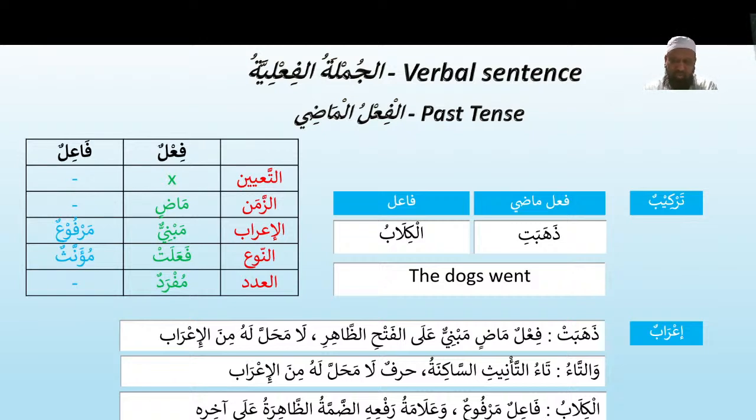So it is جمع مكسر and it is غير عاقل, but what is the slot coming in? It is fa'il. The slot is fa'il, and the fa'il, we've learned, is always marfu. We say marfu, and what is the sign of marfu? الضمة الظاهرة. We can see it, and it is at the end على آخره.